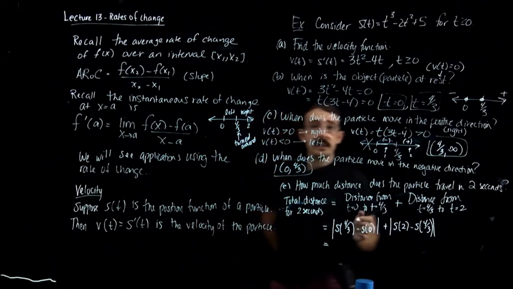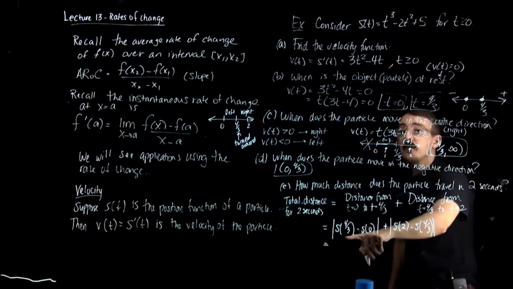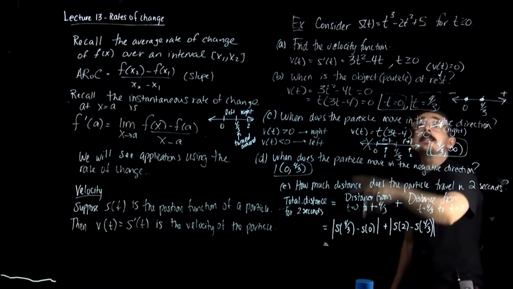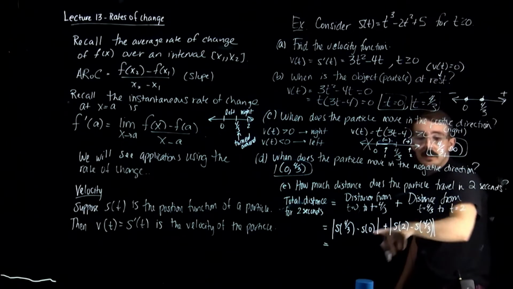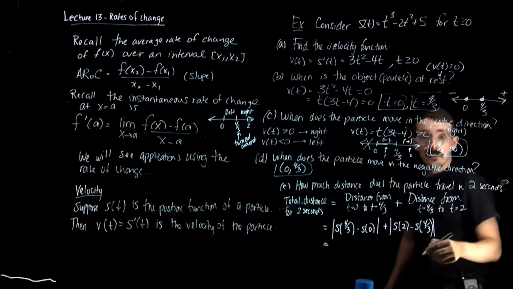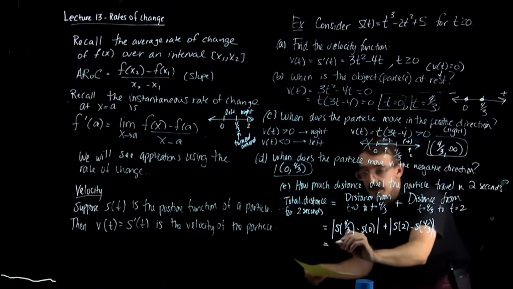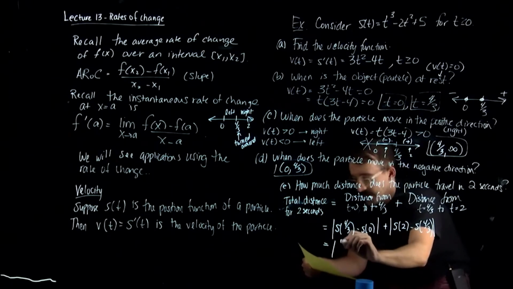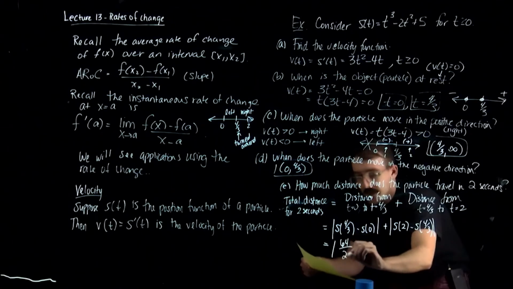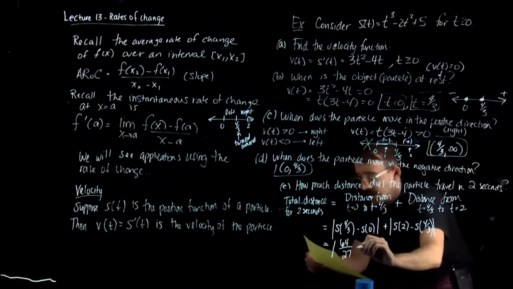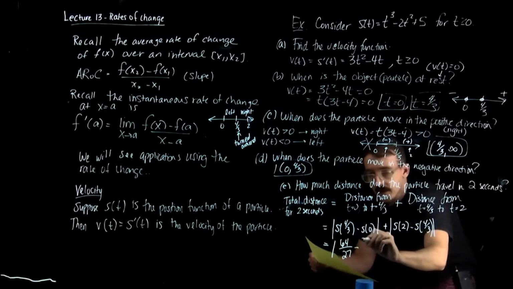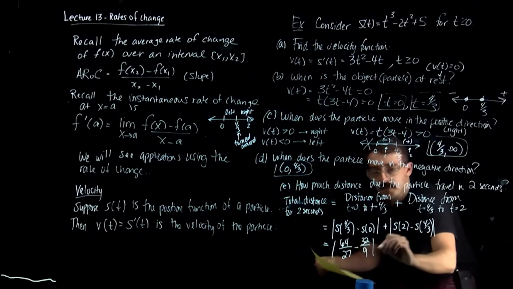So what this involves is you're going to plug in 4/3 into the position function up here. You'll plug in this 0, and you'll plug in this 2, and you'll calculate this out. So for this first piece, I'm going to get 64 over 27 minus 32 over 9.